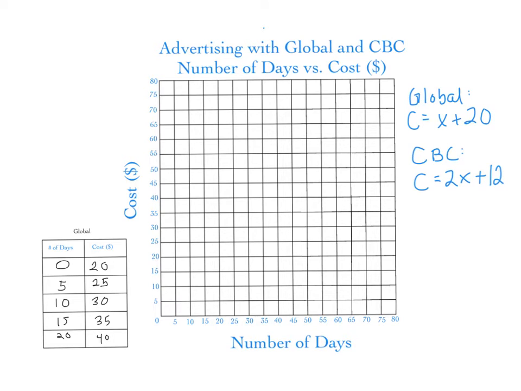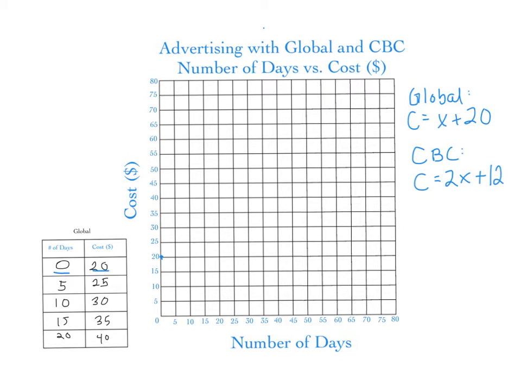To do that, I'm going to want to look back at my table of values. So I'm going to do Global first, and with Global I can see my first coordinates are 0, 20. Because I have the 0 here, that's my first x coordinate, and my first y coordinate is going to be 20. So I go up to the point 0, 20 on my graph, and I mark it.